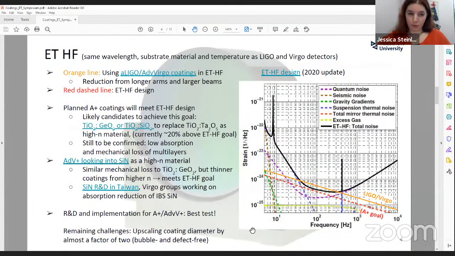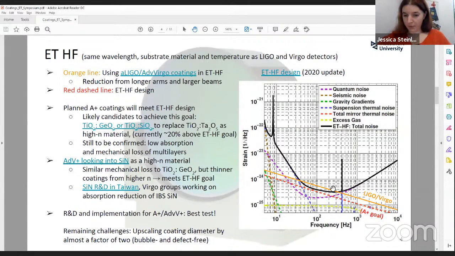And when we are looking first at ETHF, here we see our sensitivity plot, and we are interested mainly here in the red curve, which is our coating thermal noise design. I've added in here in orange the coating thermal noise we would get with current Advanced LIGO and Advanced Virgo coatings.